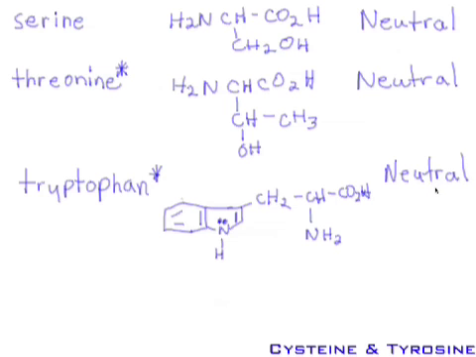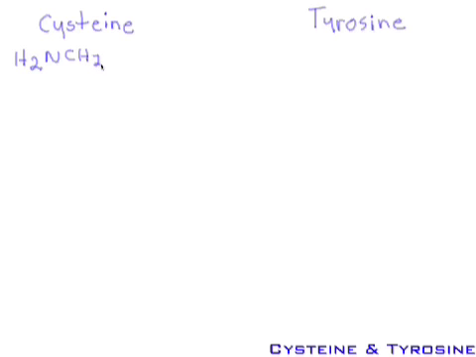Well, now that just leaves cysteine and tyrosine. So, I'm going to draw them. We've got cysteine. Cysteine is not essential. And we have over here tyrosine. And cysteine, remember, has this structure. The side chain is a thiol, an SH group off of a CH2.